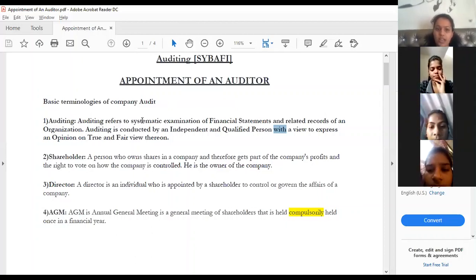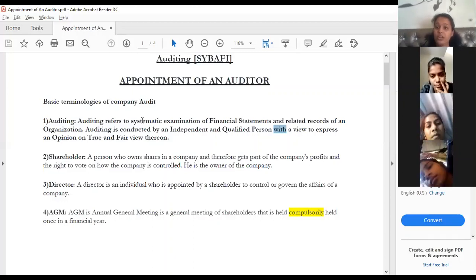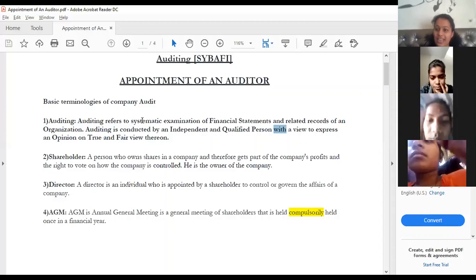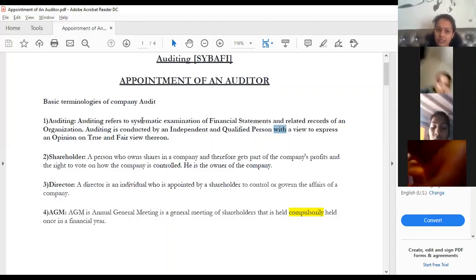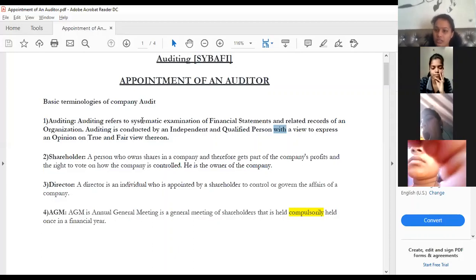So what do you understand by financial statements? Financial statements are nothing but your balance sheet, P&L, trading and all, along with records of the organization, that is nothing but your subsidiary books, sales, purchase, your cash book. So examination of these two collectively is called auditing.